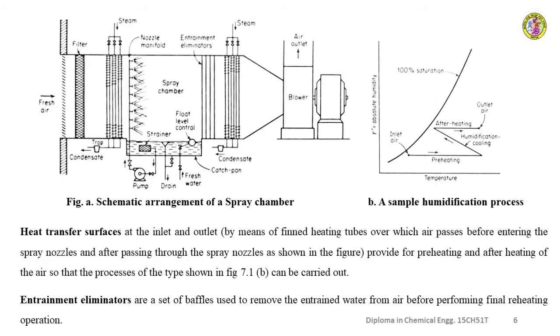When the required humidity is achieved, again it is to be heated in order to get the required temperature for the given sample of air. That typical process is shown in figure B, and such a type of operation requires that there should be provision for preheating as well as reheating. In between them, there is contact between the water and air.